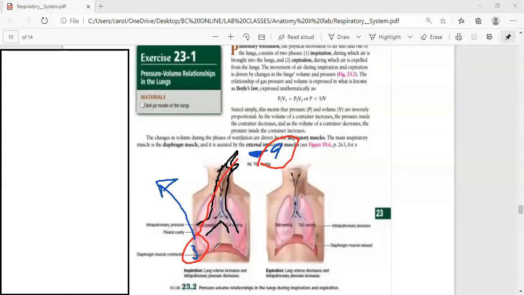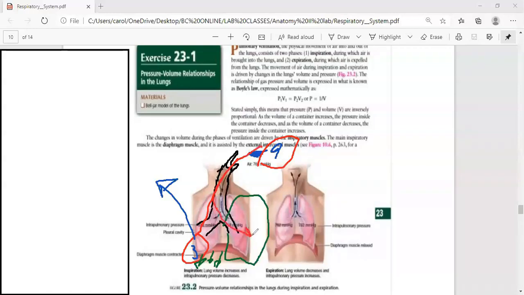So the diaphragm goes down, and when the diaphragm goes down, the volume in your lungs increases. Now this is larger. Since the lungs become larger, the pressure in the lungs goes down, and now the pressure on the outside is 9 and the pressure in the lung is 3, so that's how the air goes from the outside to the inside.